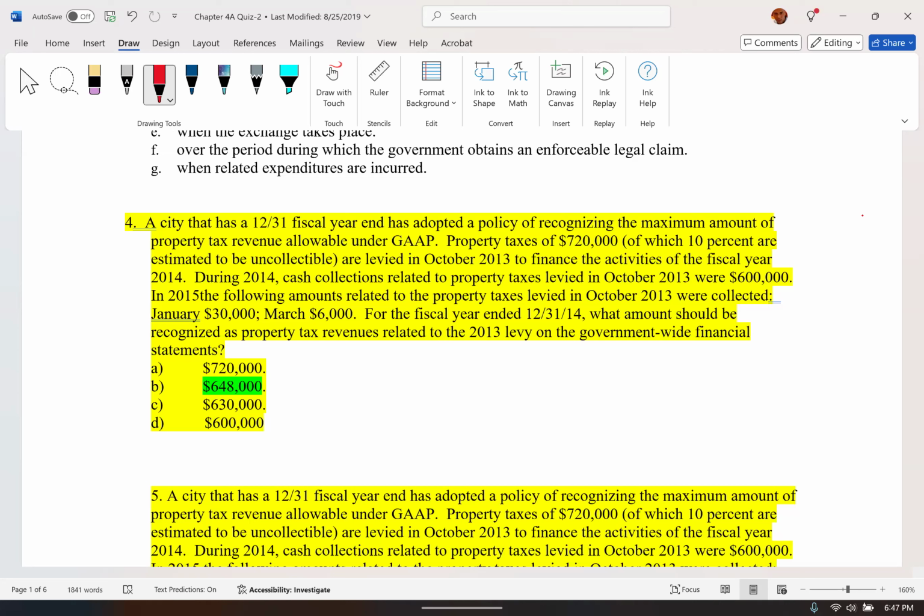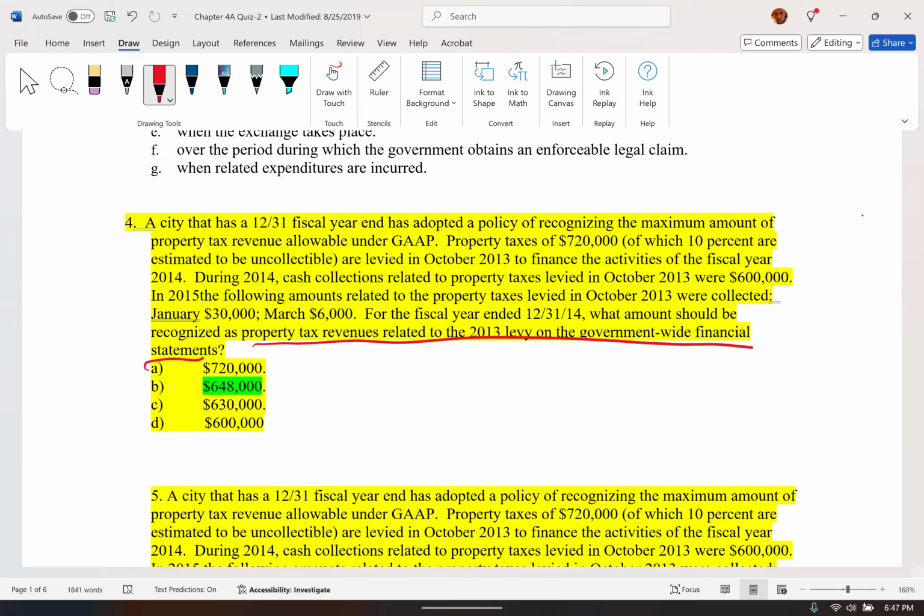Okay. Now in this problem though, it's important that we talk about what? We're talking government-wide statements here. Property taxes of 720,000, of which 10% are estimated to be uncollectible, are levied in October 2013 to finance activities of the fiscal year 2014.